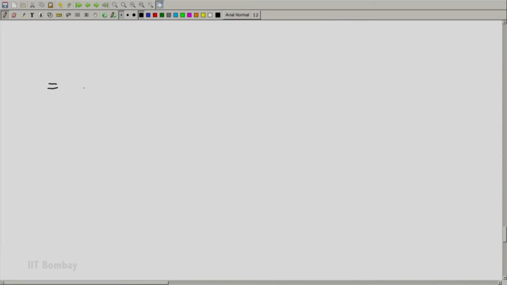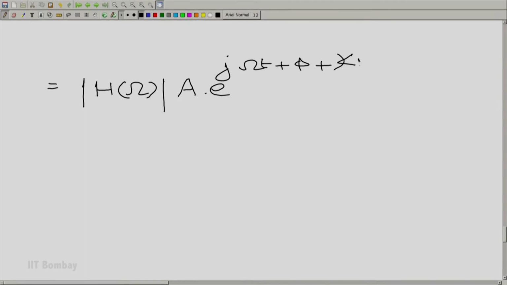This can be written as mod H(omega) a times e raised to the power j(omega t plus phi plus angle H(omega)).